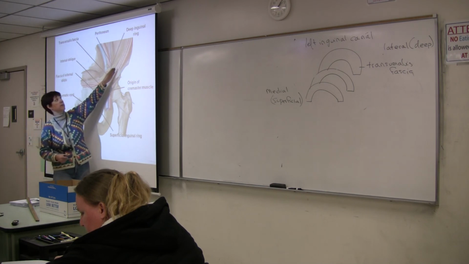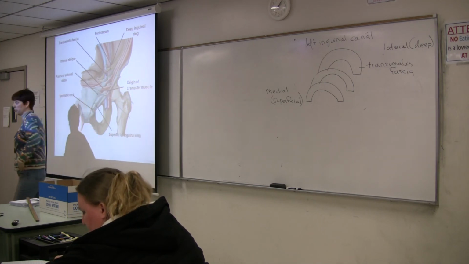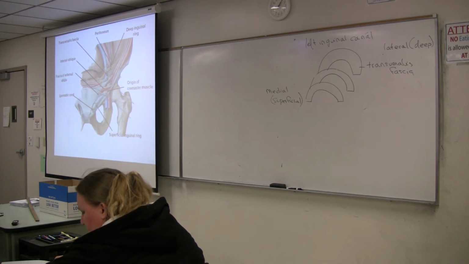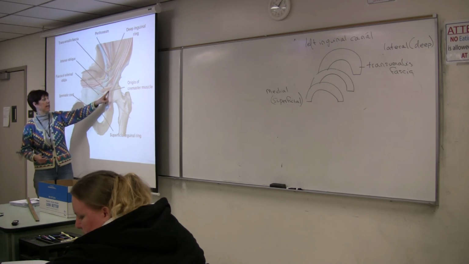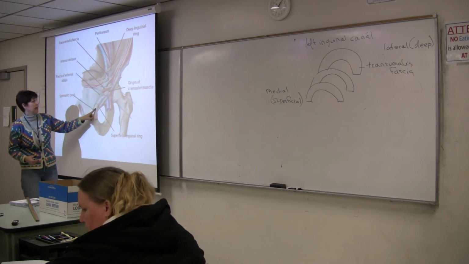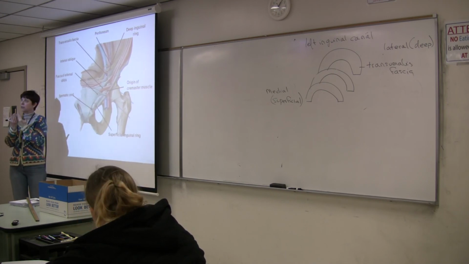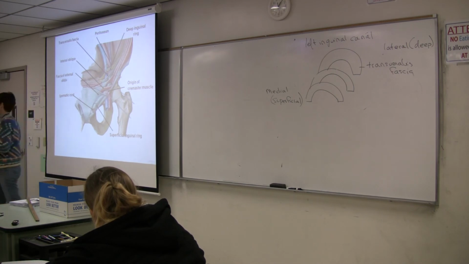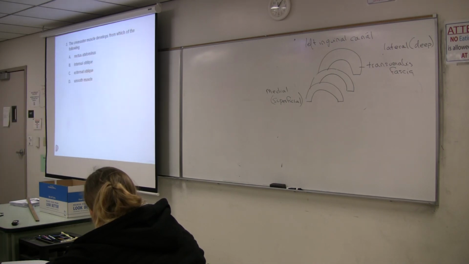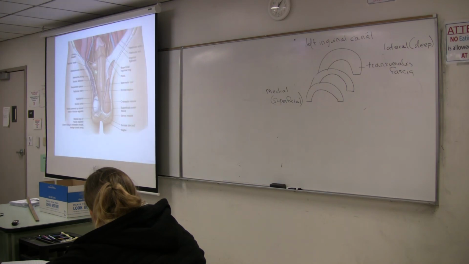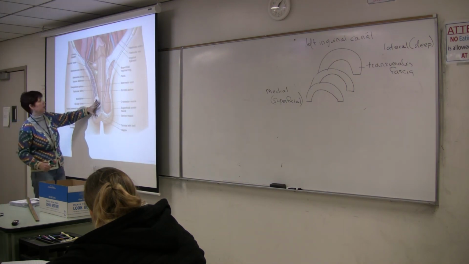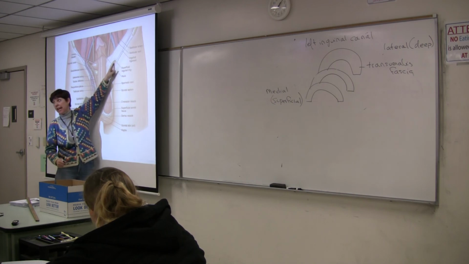Deep to that, remember the muscle between, we have the internal abdominal oblique. So not only its fascia, but actual skeletal muscle fibers of the internal oblique come down into and form part of the wrapping of the spermatic cord. So if we go back to this model diagram, this has all been cut open. Here's the opening of that canal.